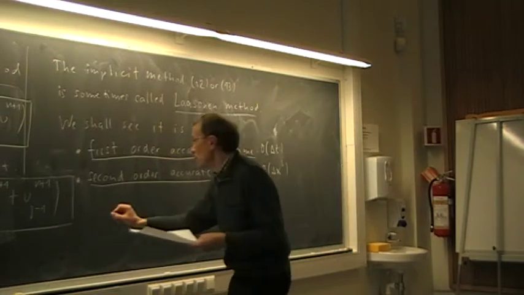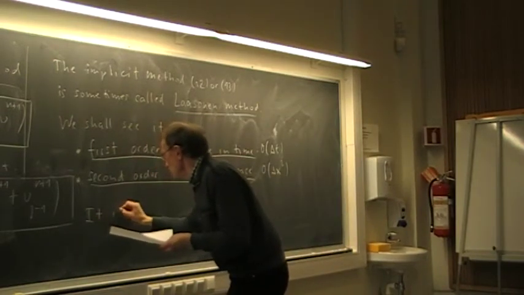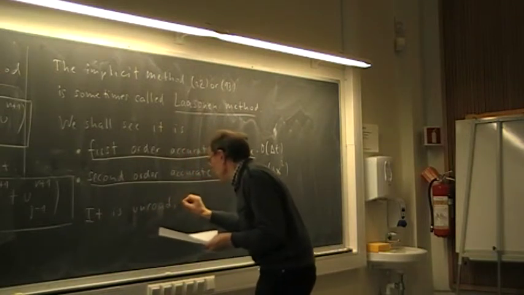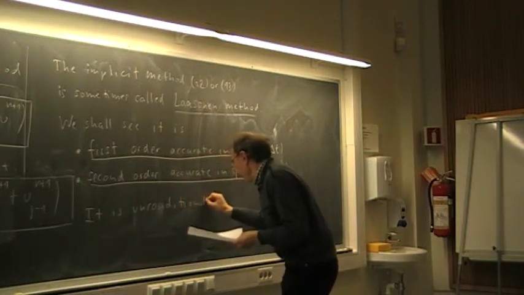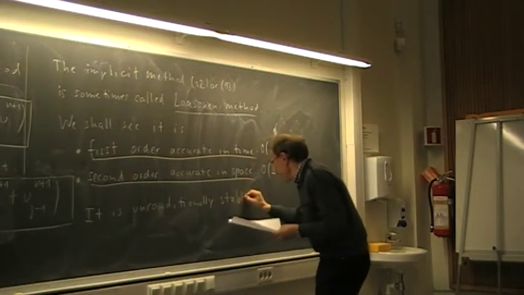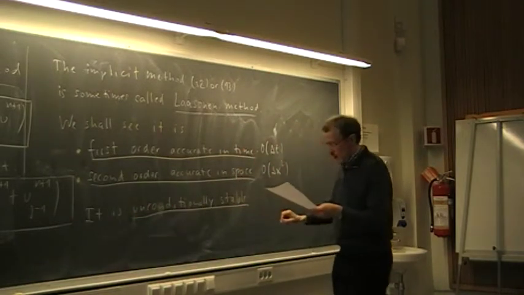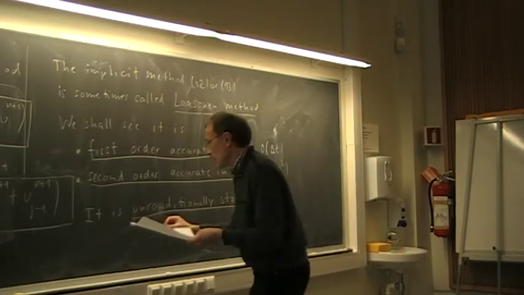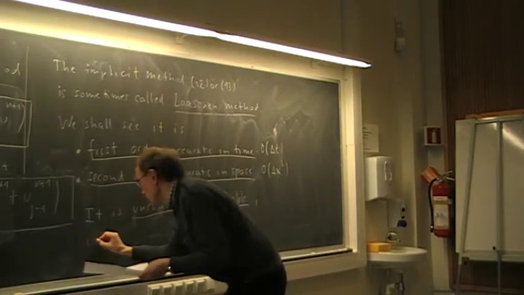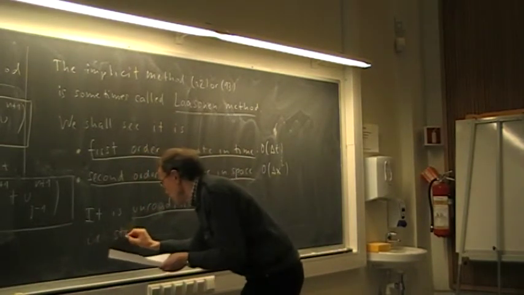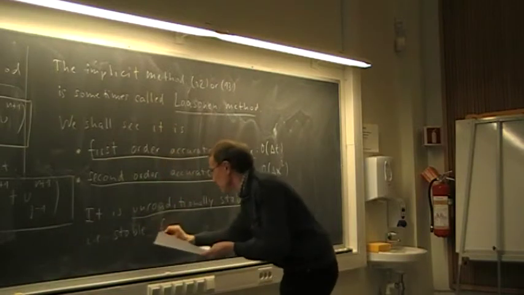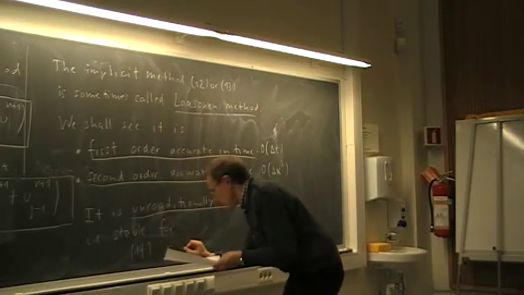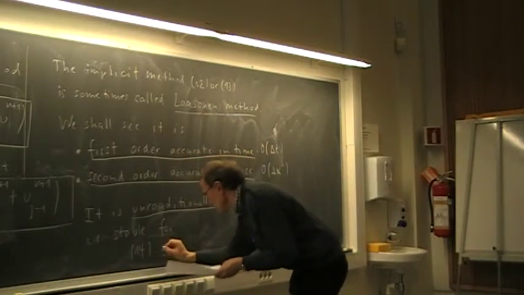This method that we are discussing here is unconditionally stable. That means it is stable for all von Neumann numbers, or you could also say time steps, that are greater than or equal to 0. R has to be greater than or equal to 0.